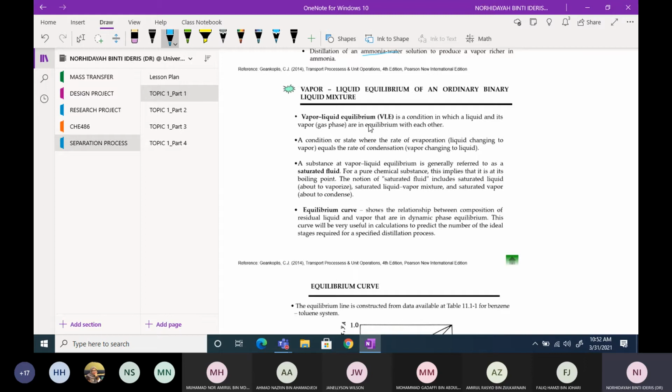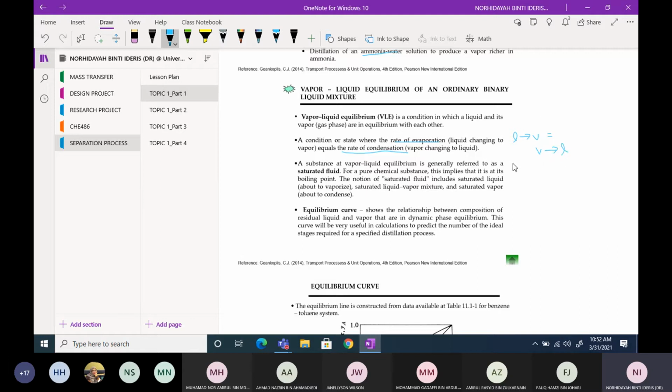Okay, so of course lah, nama dia equilibrium means the condition in which liquid and its vapor are in equilibrium lah. Okay, so when you have a condition where the rate of evaporation is equal to the rate of condensation, maksudnya the rate of liquid changing into vapor is similar to the rate of the vapor condensing back into liquid.